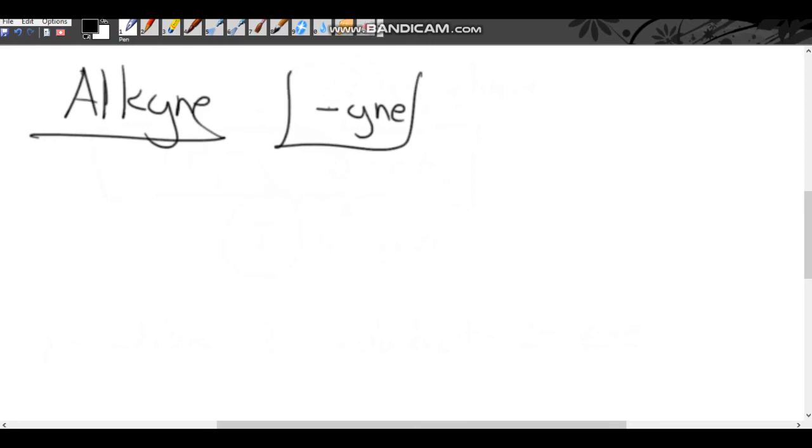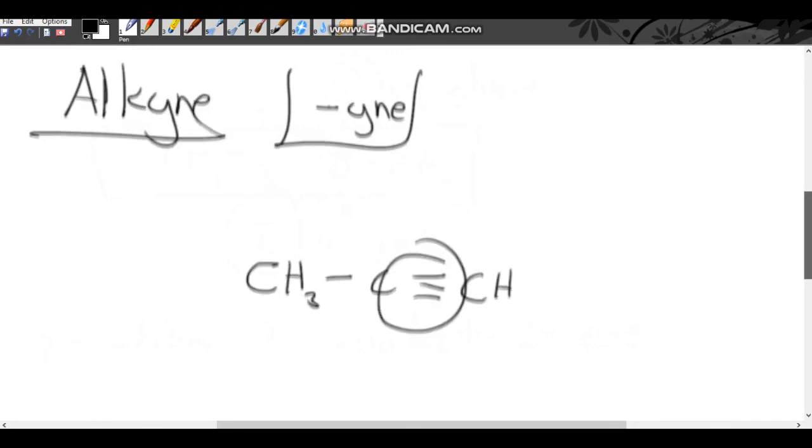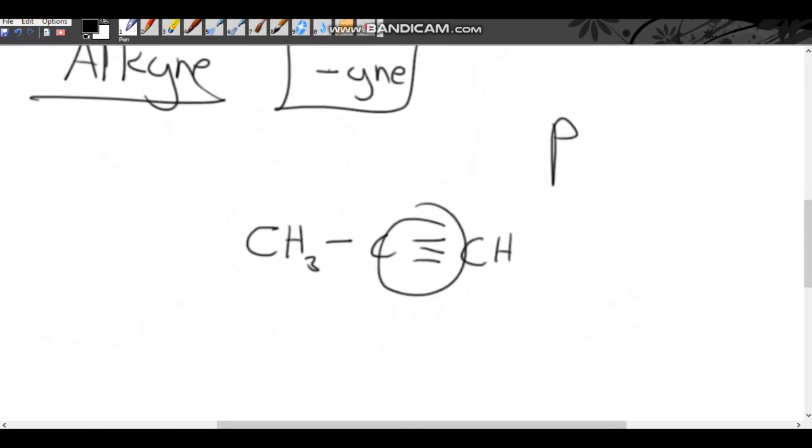Okay, say we have this example here, we have a triple bond in here, and it is called propyne.